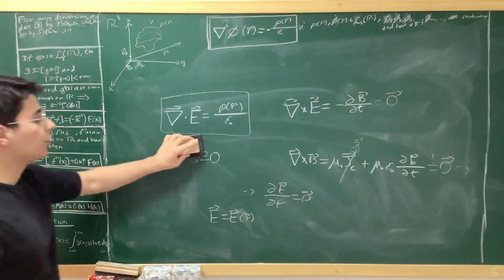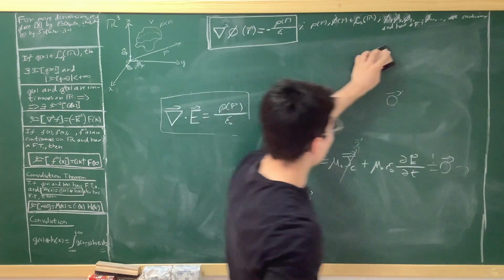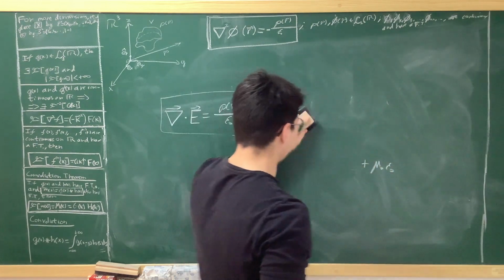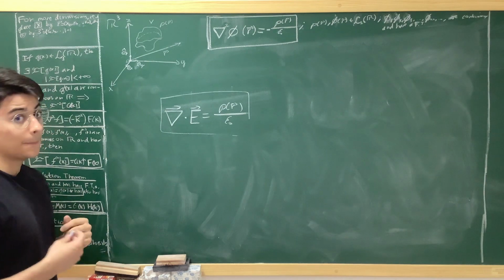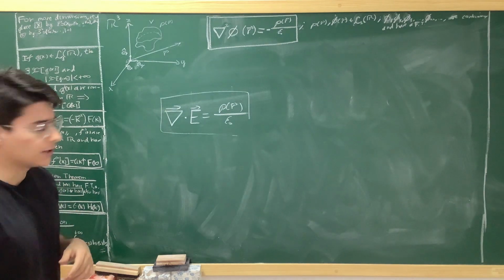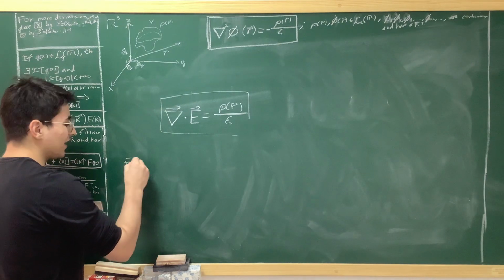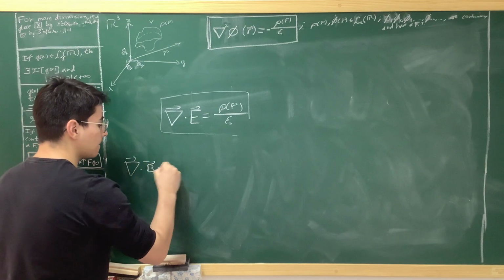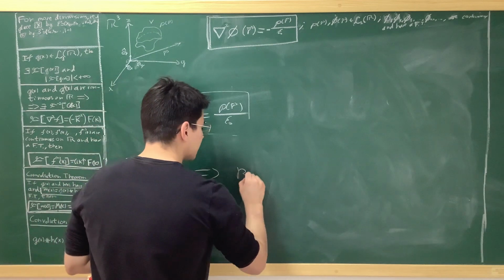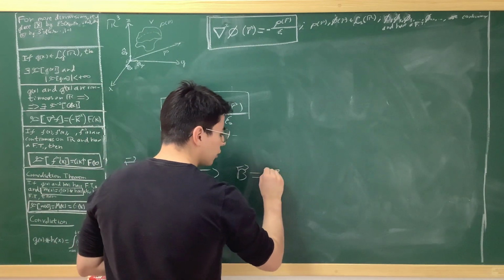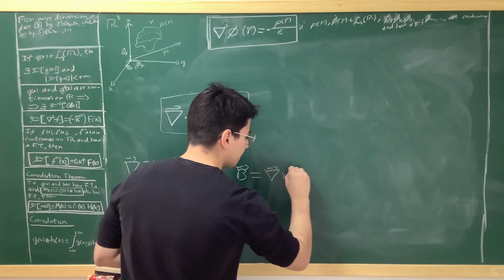But to put it in a more useful way, we know from electromagnetism theory that we can define a vector potential and a scalar potential. So from the equation that I just erased, this implies that B can be written as the curl of some vector A. Why?